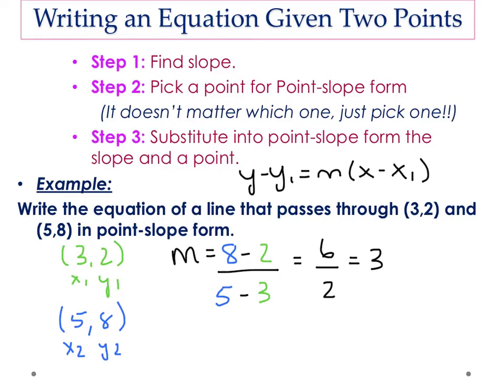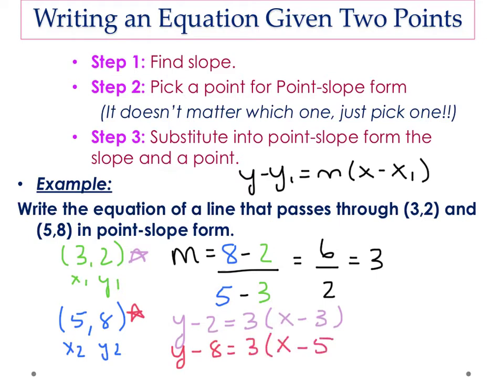So if I use this first point here, I would have y minus y1 equals my slope times x minus x1. And if I picked the second point, I would get y minus y1 equals my slope times x minus x1. And if you rearrange those, they would end up looking exactly the same, but both of them are correct answers and they are both in point slope form.